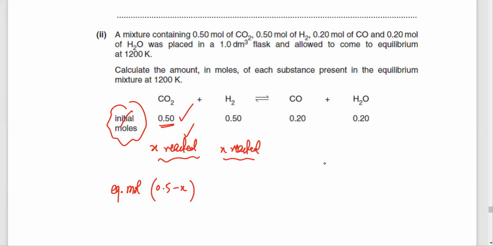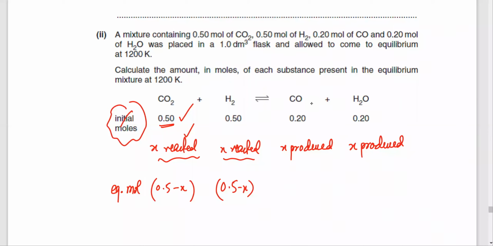So this one is also going to be 0.5 minus X. And if X moles are reacting, then on the other side, it's 1:1. So X moles would be produced. And X moles of this would also be produced.